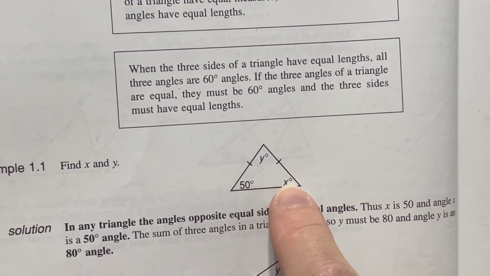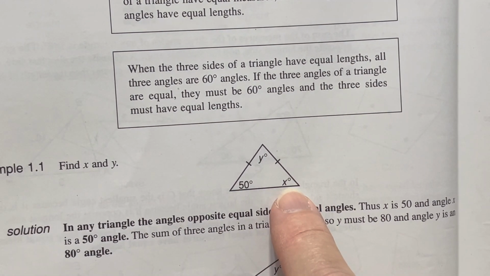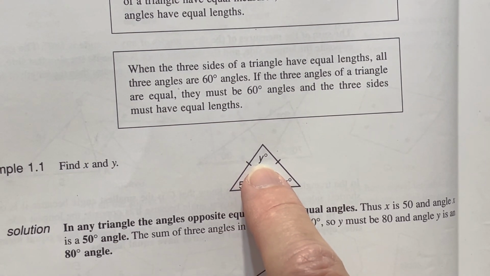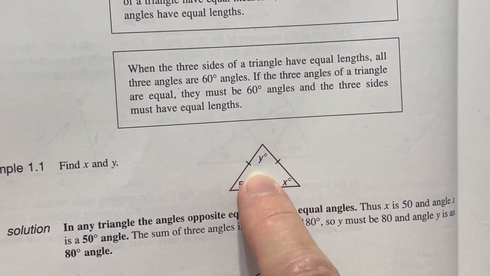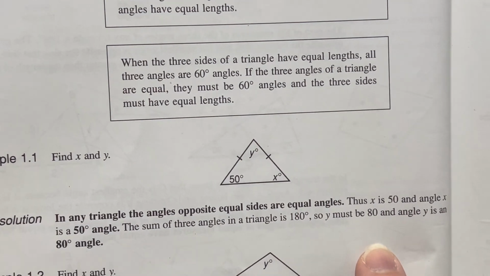So 50 must be x. So now we have 50 and 50. That's 100 degrees of our triangle. That means y must make up the difference between 100 degrees and 180 degrees. So y must be 80. And they're explaining that here.